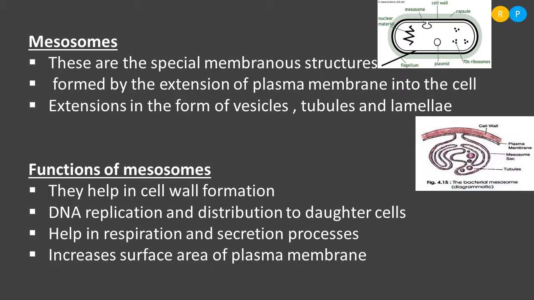This extension, the formation of the mesosome, increases the surface area for enzymatic activity. Whatever activity needs to take place in the bacteria actually takes place in the mesosome because the plasma membrane is increasing the surface area here. Understood? So these are a few important functions of mesosomes in the bacterial cell.